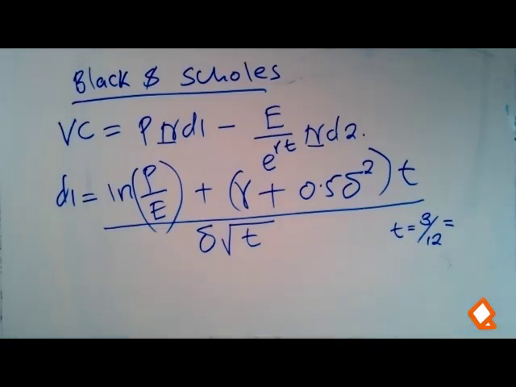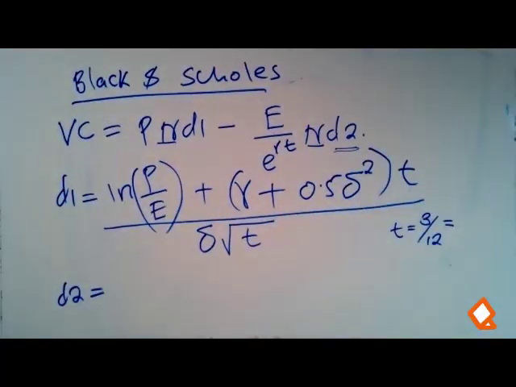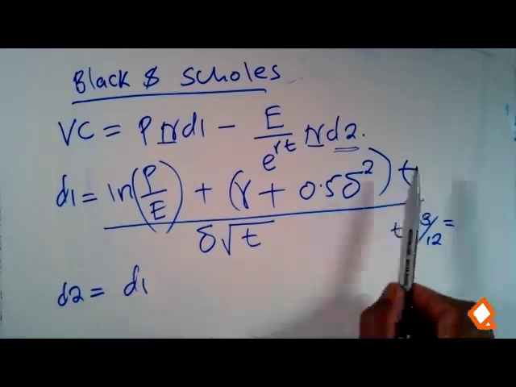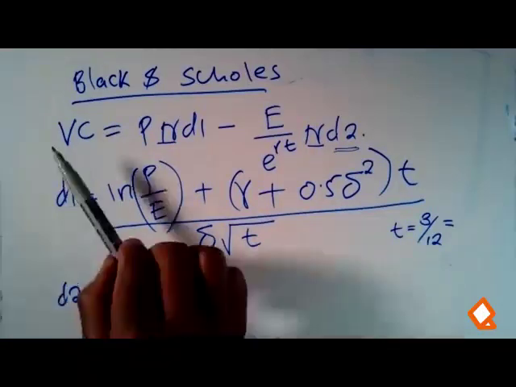Then how do we get d2? In this case, you take d1. So if you go wrong when getting d1, your d2 will also be wrong, and then the value of the call option will be wrong.